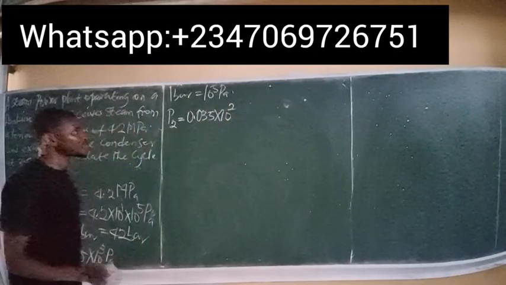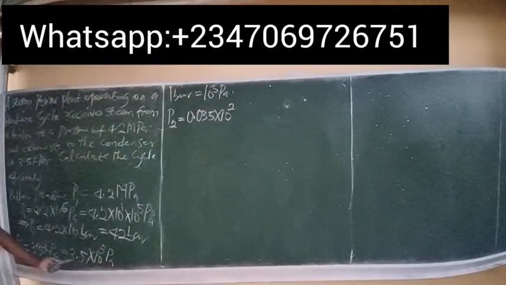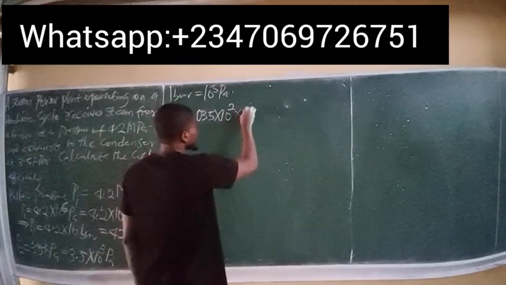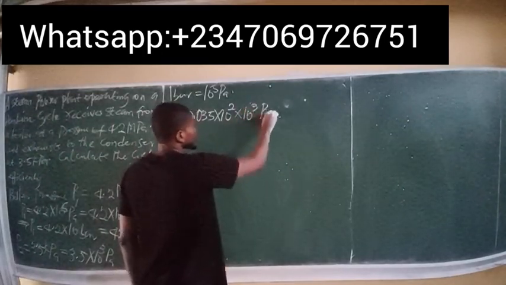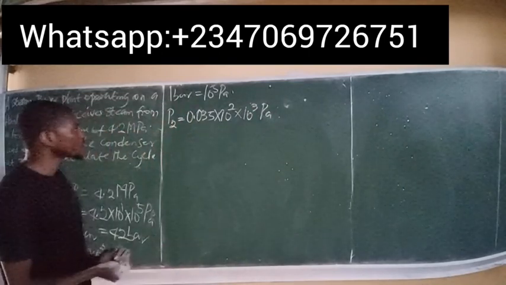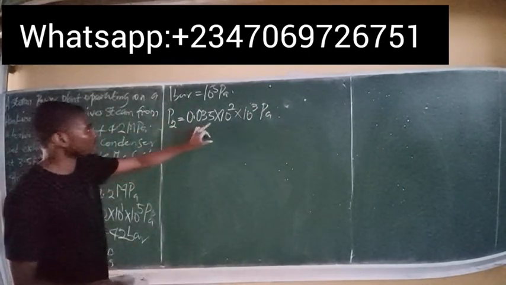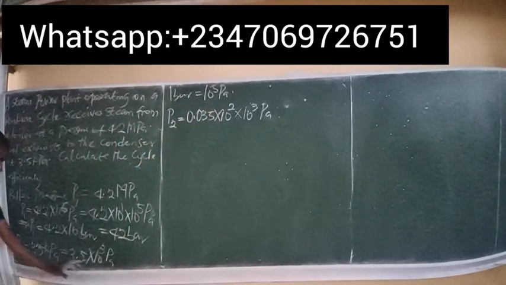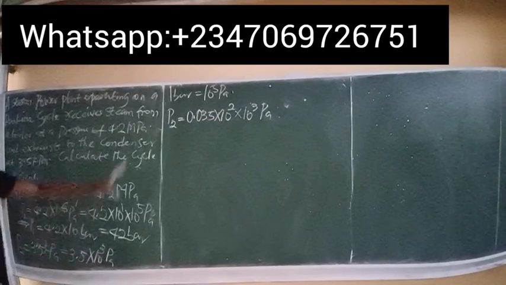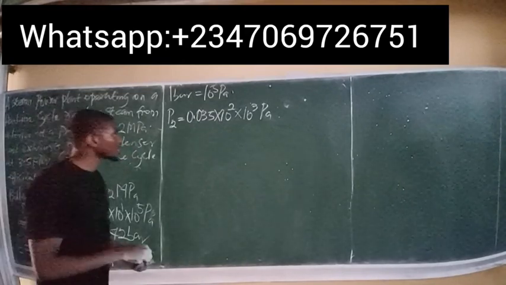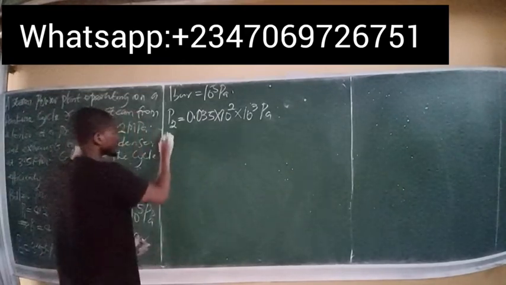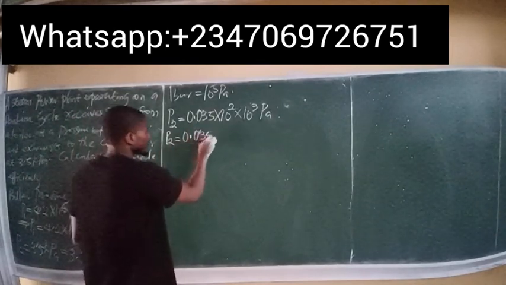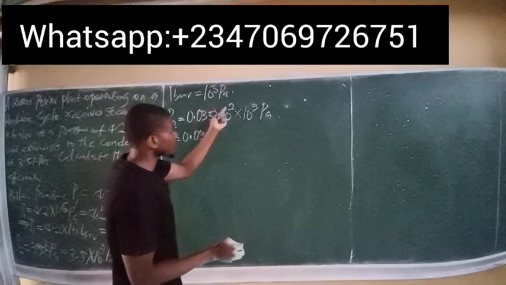If you multiply this, we are still going to have 3.5 by 10 to the power of 3 Pascal, which is what we have there. So now we can rewrite this as P2 equals 0.035, now we have 10 to the power of 2 and 10 to the power of 3.